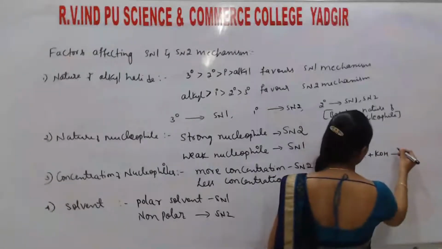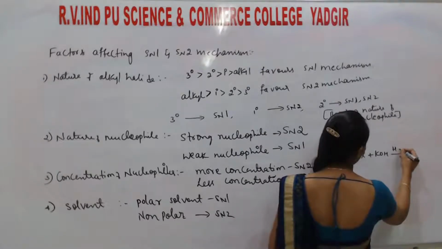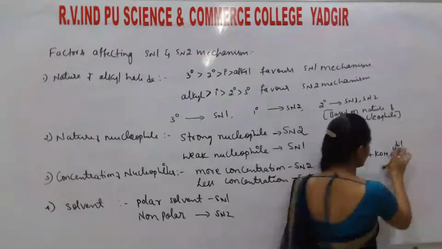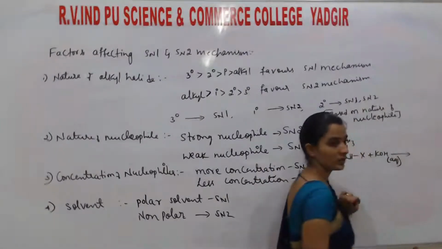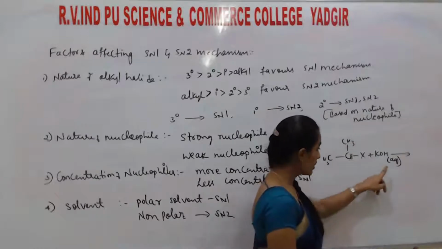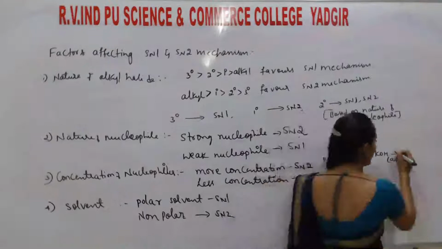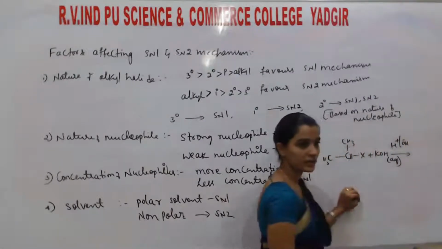In the presence of dilute aqueous solution. Here, what happens if you take this aqueous solution? That means the solvent is a polar solvent. It can easily dissociate into H plus and OH minus.